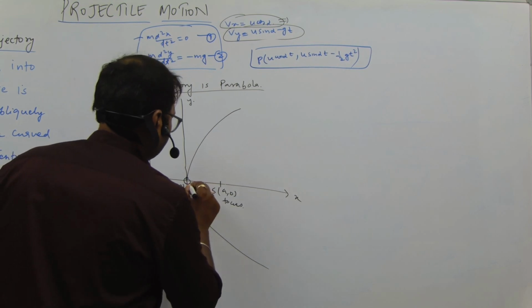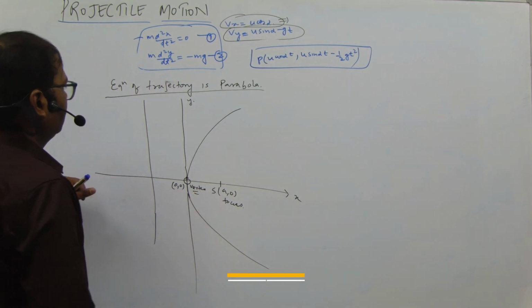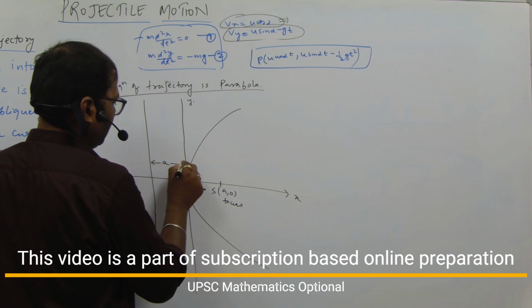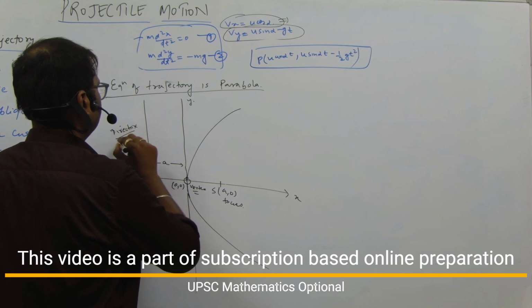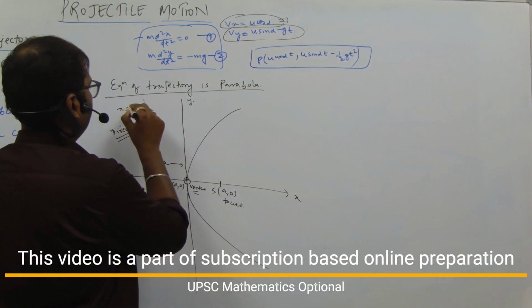So this point is the vertex, and at a distance of a from the y-axis we have the directrix. This is our directrix, so its equation is x is equal to minus a.